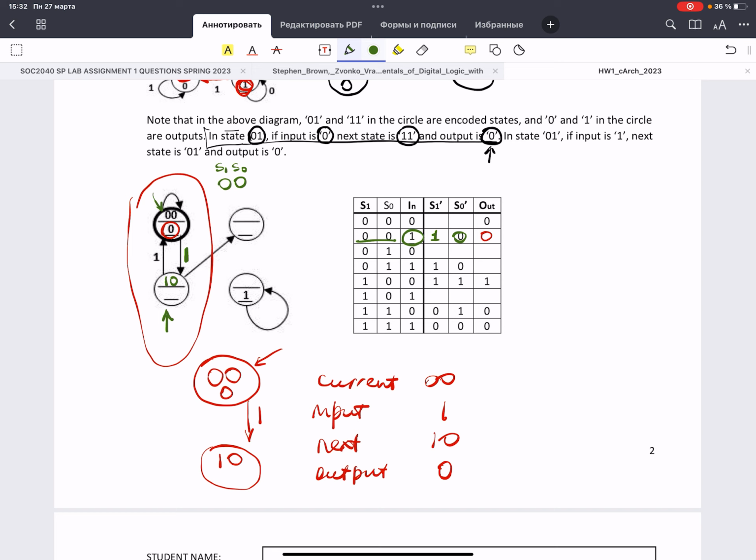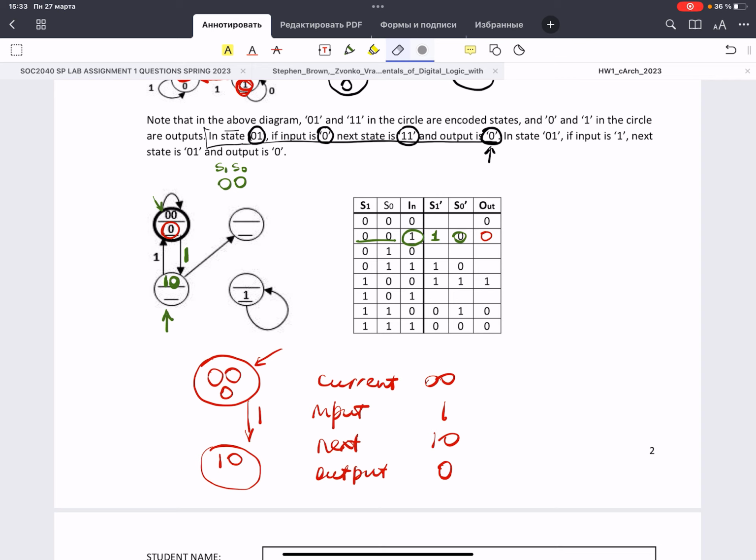That means I fill in 1, 0 here, and the output is 0, which is already given here. So let's continue.